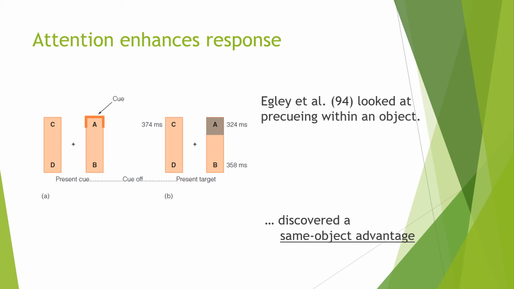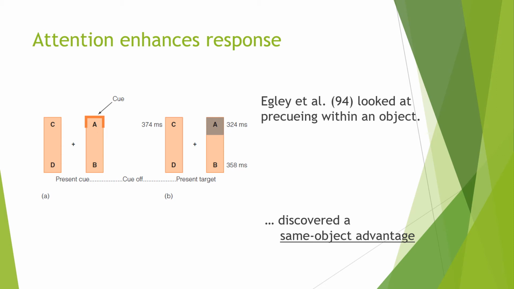This is one example where you'd get a cue up at, let's say, A. You're looking at the fixation cross in the center, and your response is going to be to that dark shadow, when you see that target, that dark shadow come over in B. Now, if the cue came up at A and the target comes up at A, people were at 324 milliseconds. If the cue came up at A and the target came up at B, so down at the bottom of that figure, people were at 358 milliseconds.